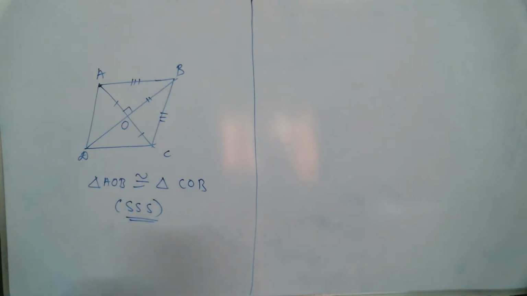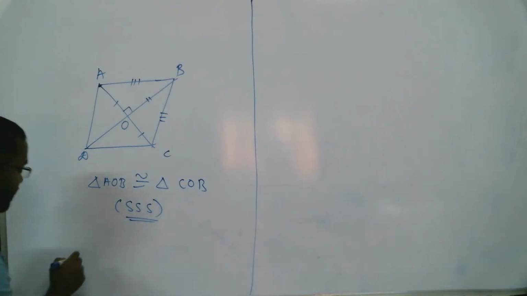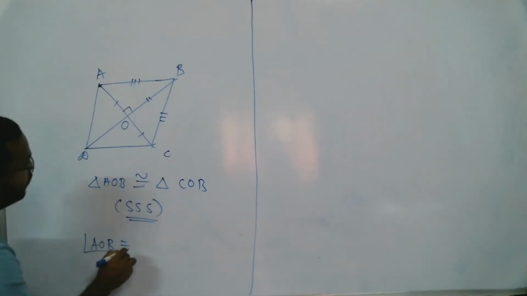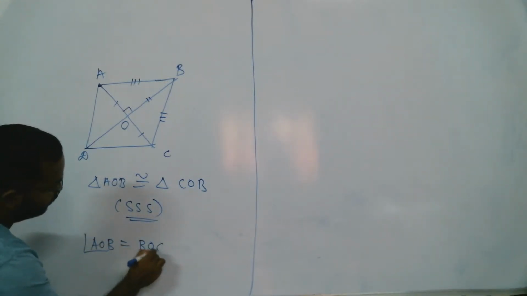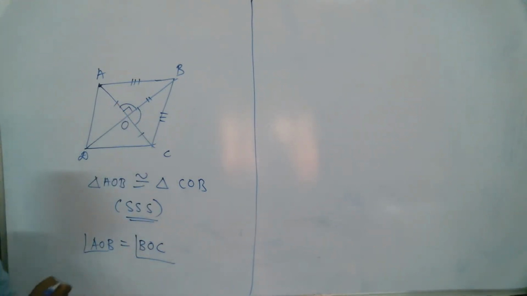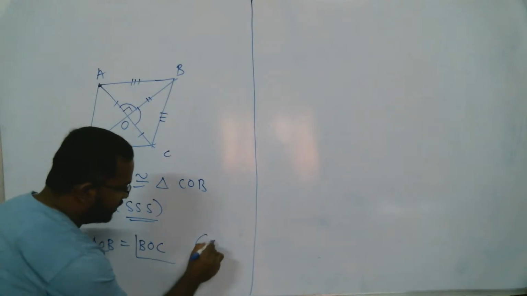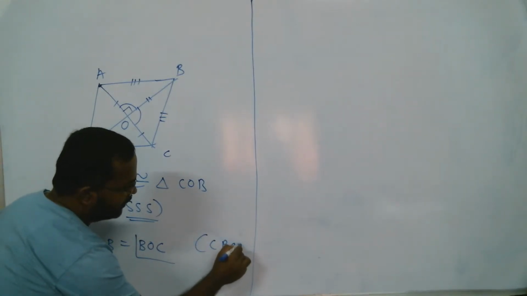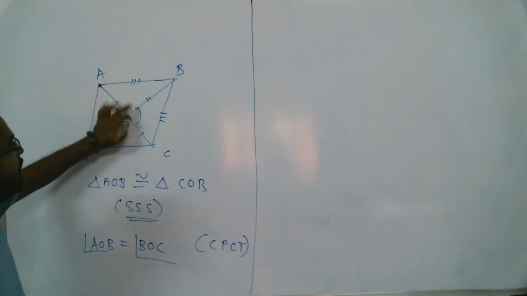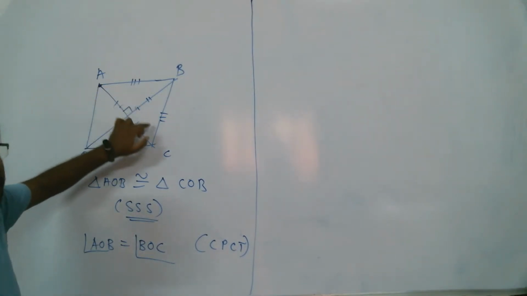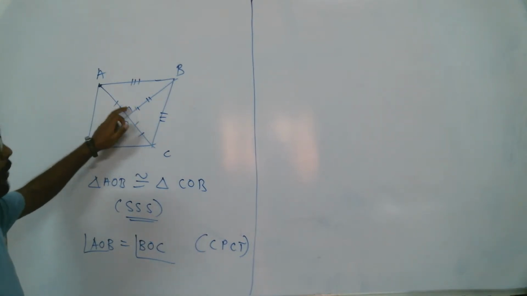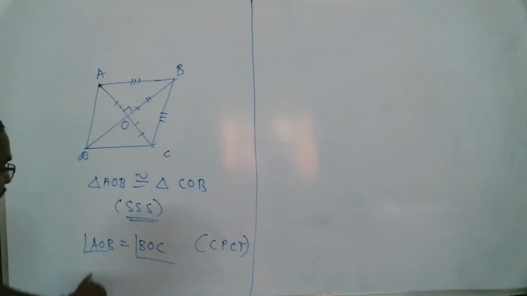Now, if these two triangles are congruent, then angle AOB is equal to angle BOC. This angle is equal to this angle by CPCT, corresponding parts of congruent triangles. So why are these equal? Because we have proved these two triangles are congruent, so they are the corresponding parts of these two triangles, that's why they are equal.